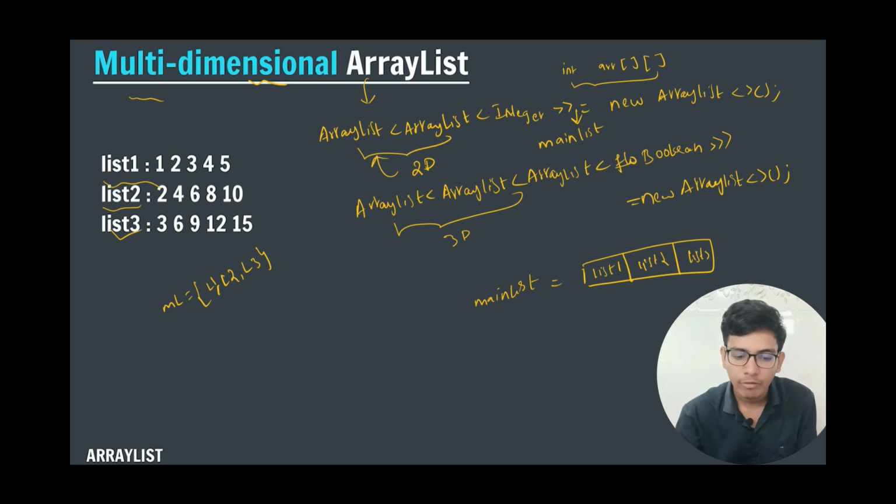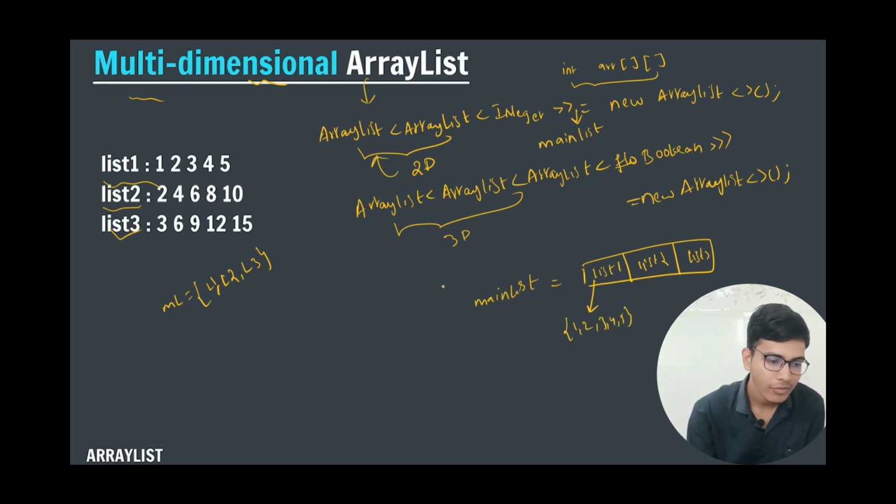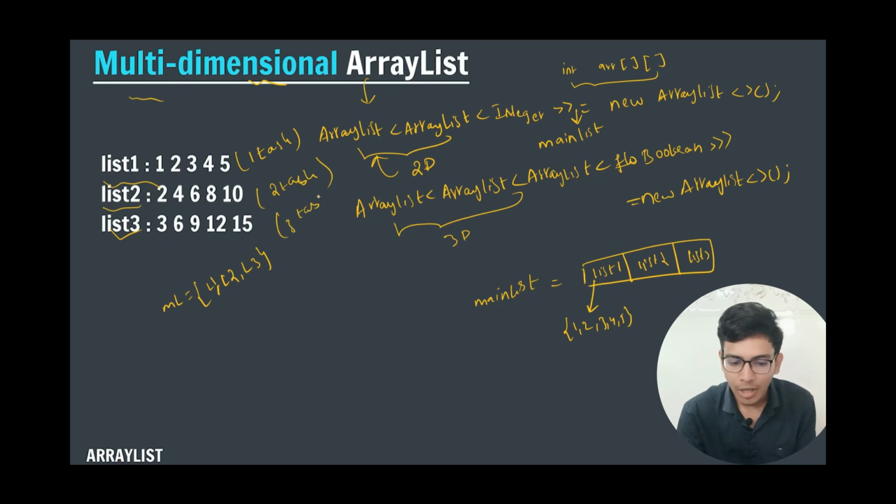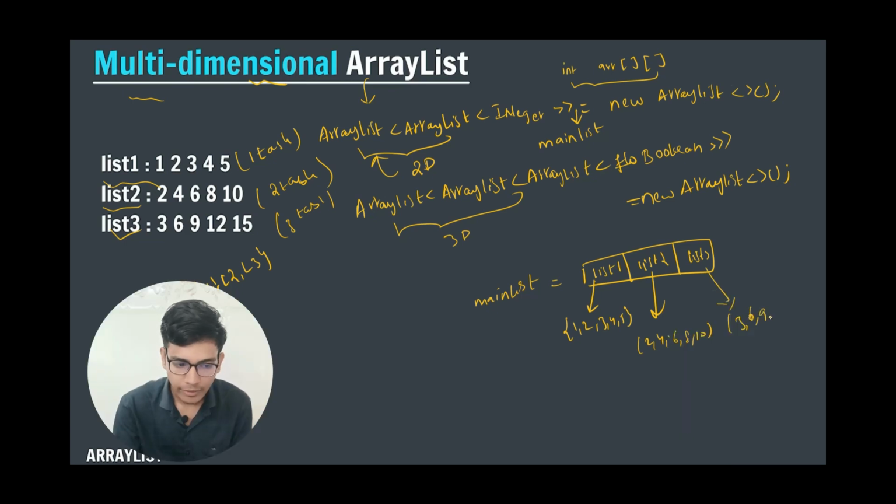Similarly, list 1 will point to the given array 1, 2, 3, 4, 5, and this is the multiplication table of 1, this is the multiplication table of 2 up to 5, and this is the multiplication table of 3, basically. So this will point to 2, 4, 6, 8, 10, and this will point to 3, 6, 9, 12, 15.